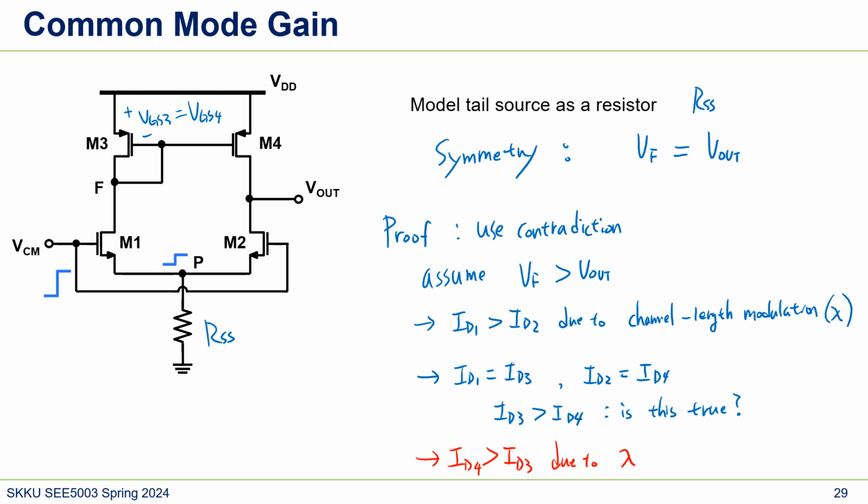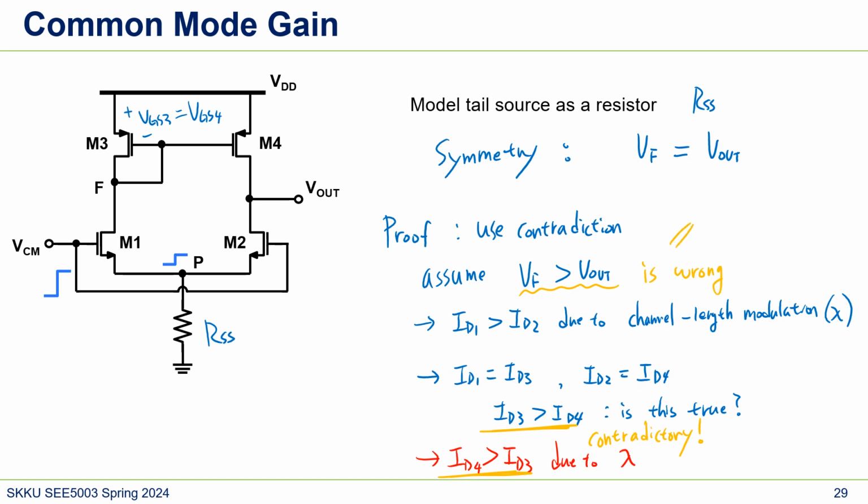So you see that this and this are contradictory. So this assumption is wrong.